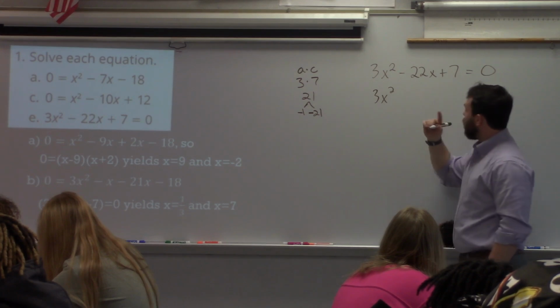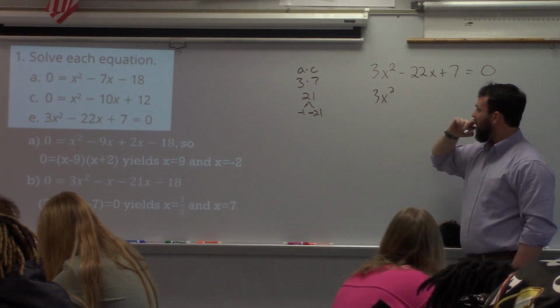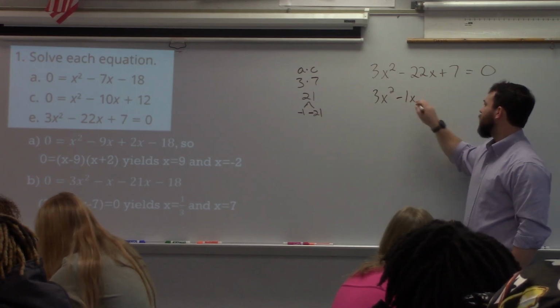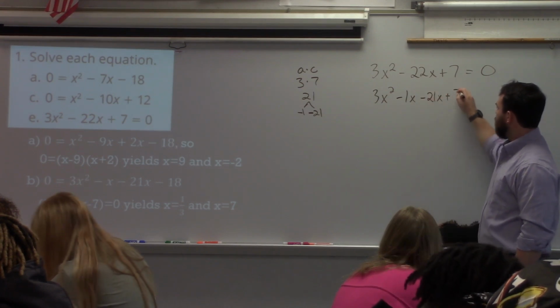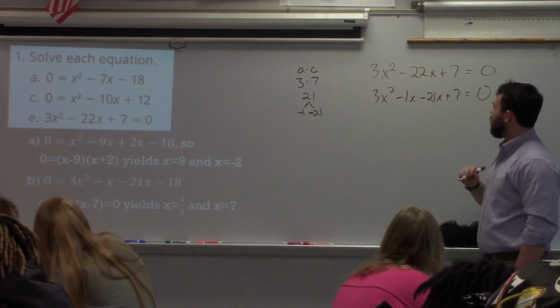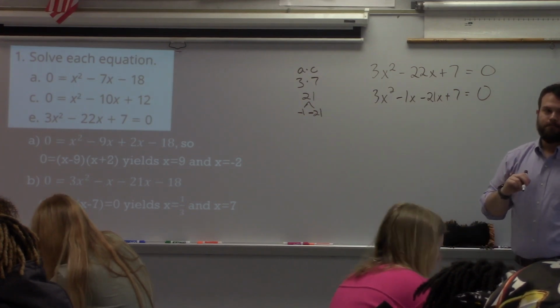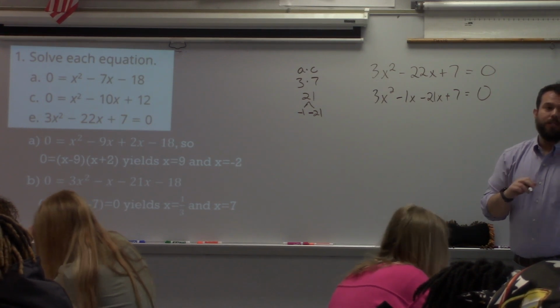But that means 3x squared stays the same. How am I rewriting -22x? So -1x, or just even minus, yeah, let's do -1x minus 21x equals. Why are we keeping it the same? What do you mean? 3x squared. Well, I'm not really changing anything.